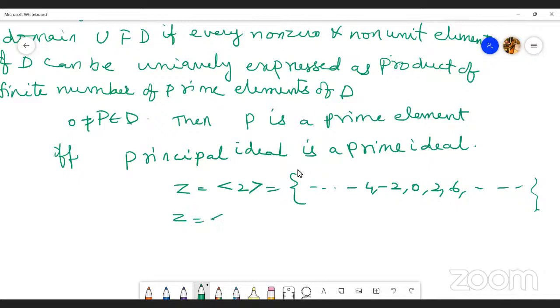Similarly, the ideal generated by 5, the ideal generated by 7, these are all prime numbers. In such a case only, we say that P is a prime element. So whenever this is a principal ideal, these numbers 5, 7 are called prime elements of the integral domain Z. Okay, Andy? Okay, ma'am.